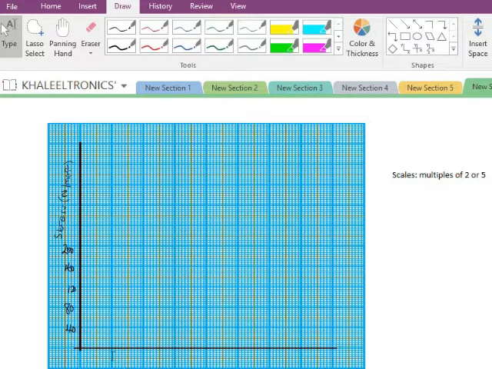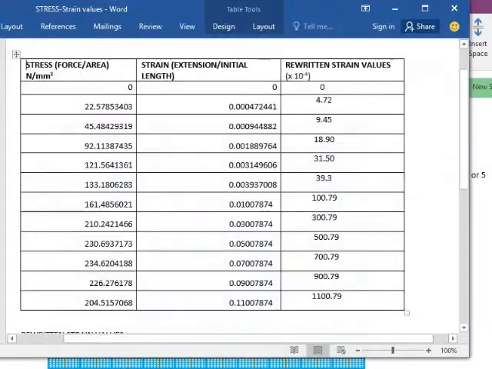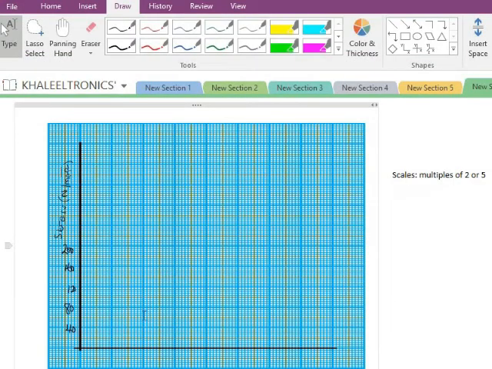The reason being, we have small boxes in here, right? And each box, if you take a scale of perhaps 140, each box here is going to be 140 divided by 10, that's 14, and it will be a bit complicated when you are plotting your values, when you have maybe something like 500.79. How are you going to get 500.79 when you have a scale of 14 to each small box?